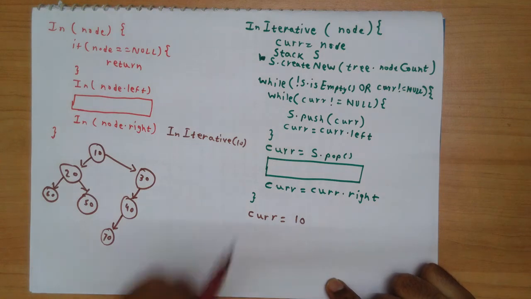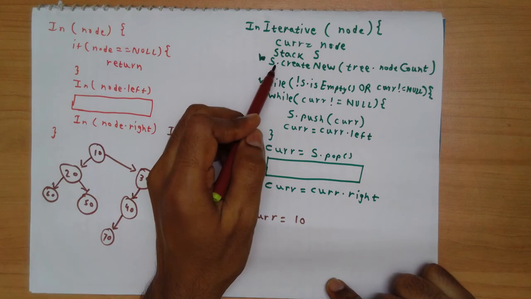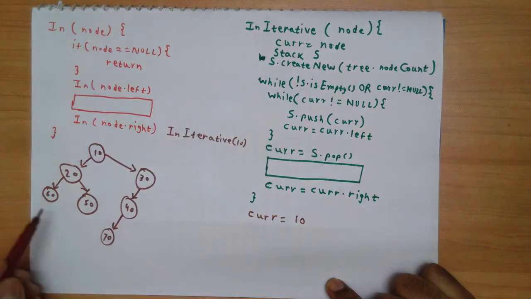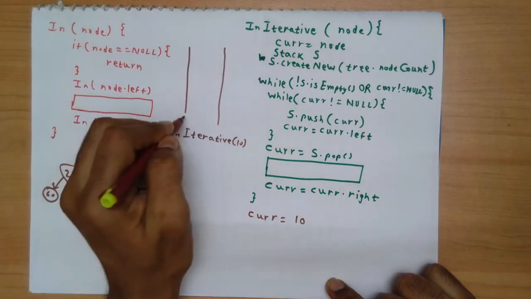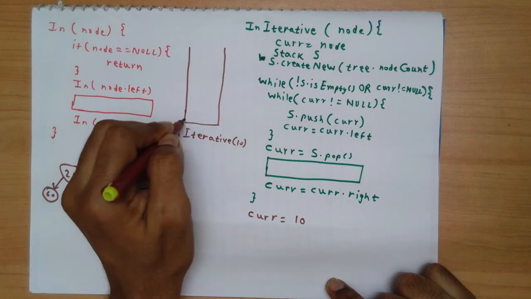So now I've started, and now I create a new stack, and I need the node count: 1 2 3 4 5 6 7. So I'm going to create a stack with 7 slots.